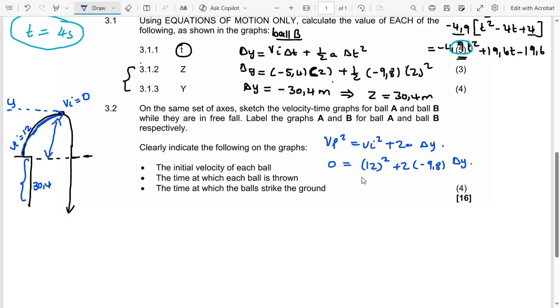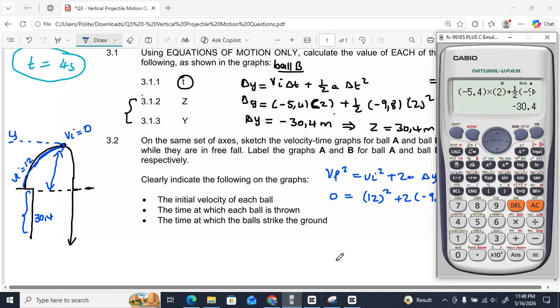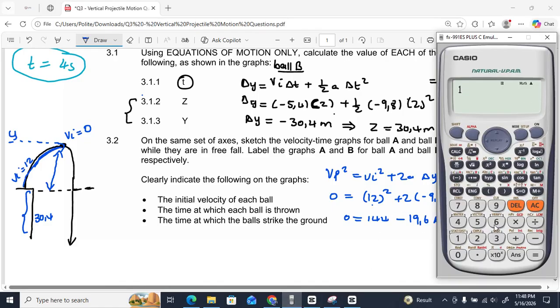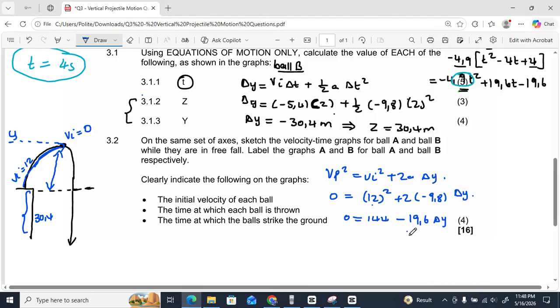And then now I'm going to say the 12 squared. What is 12 squared on your calculator? I think it's 144. But let me confirm. 144. So if I have 0 equal to 144, then I'm going to say negative 19.6 delta y, because 9.8 times 2, that's 19.6, but it's negative, right?